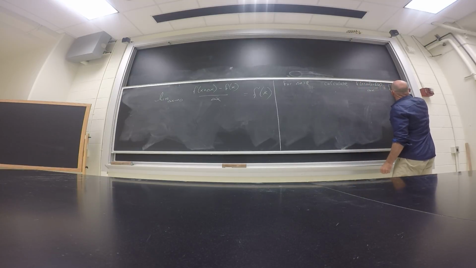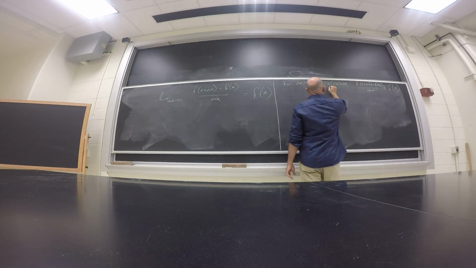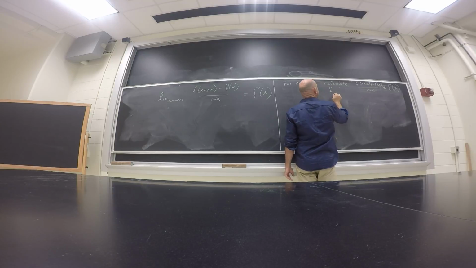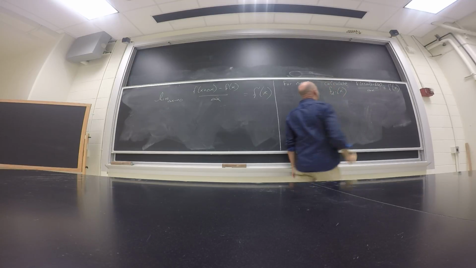Approximately equal to f times x because we haven't done it. And we'll call this the finite difference. I'm going to say f b of x. Okay?